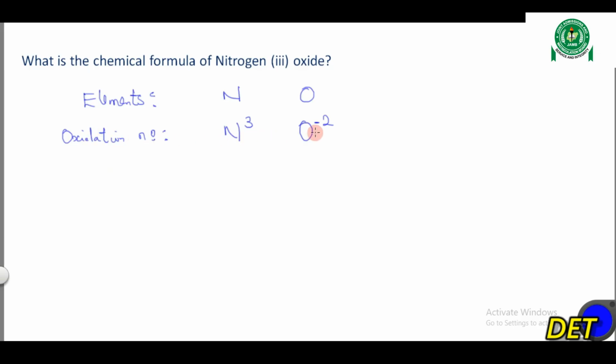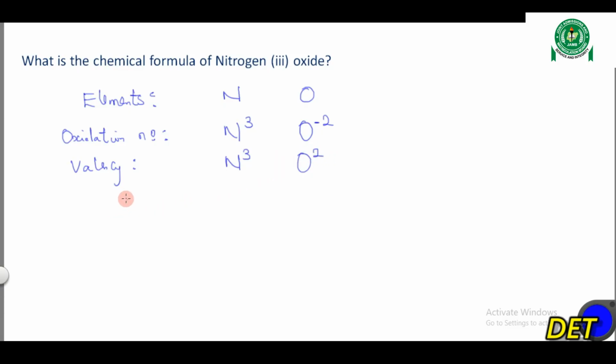Then the next thing you want to do is to write out the valencies. Valency is the combining power of an element. Like I said, remove the charge, what you have is your valency. So this is N3, and the valency of oxygen is O2.